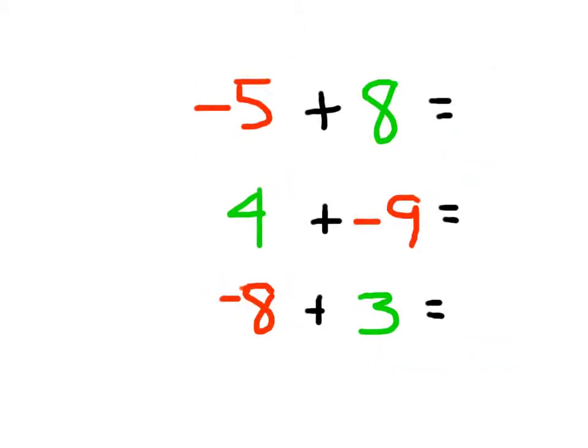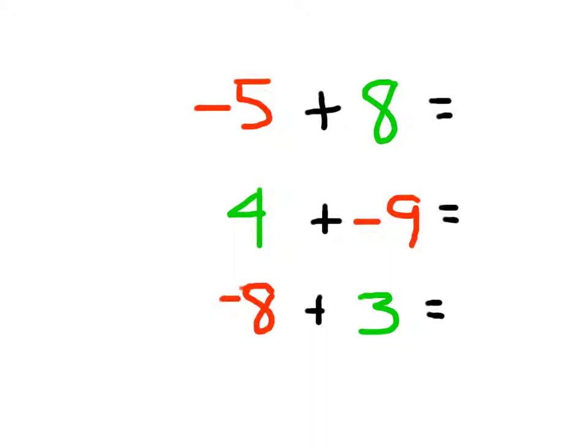Okay, looking at this one right here, negative 5 plus 8. Now we look at this and we think whether or not our answer is going to be positive or negative to begin with. And so we're comparing 5 here with 8. And since 8 is bigger than 5, we know that this is going to end up being a positive number.